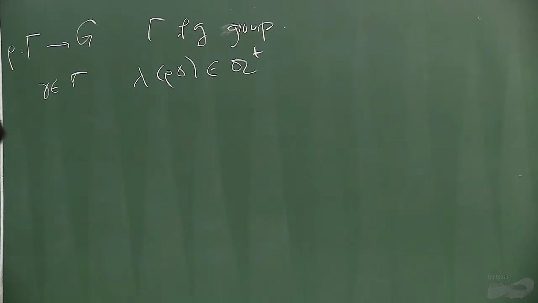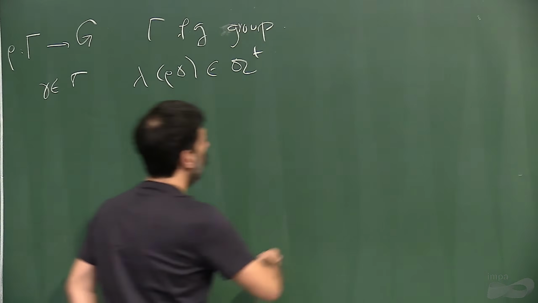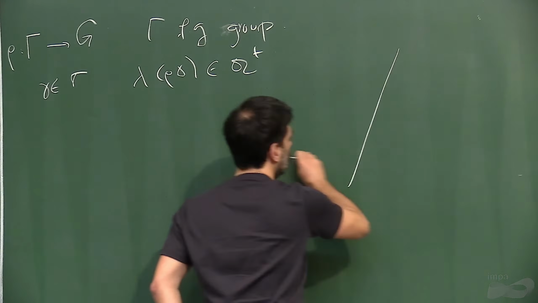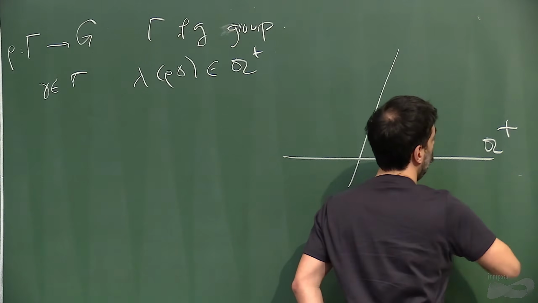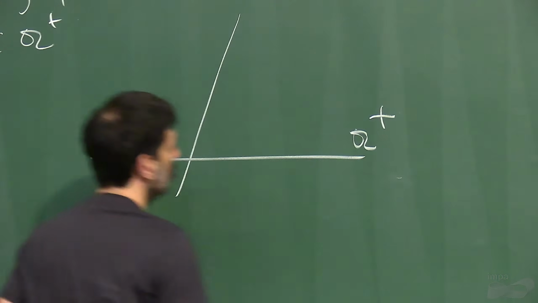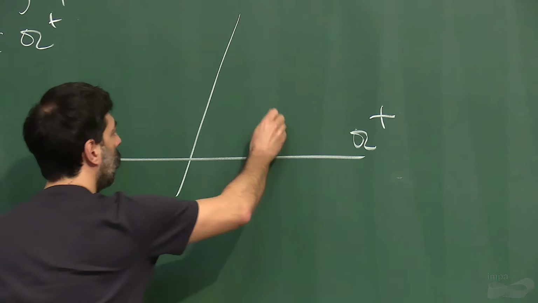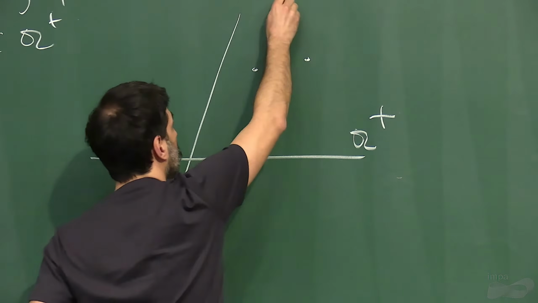So we're going to build up an object using all these vectors. Let me just draw here. This is A plus, the three-dimensional case. So now for each gamma in my group, I'm going to have some vector lying here.